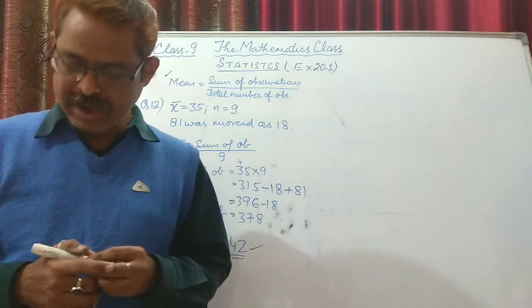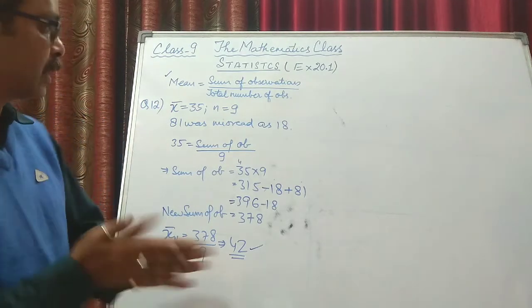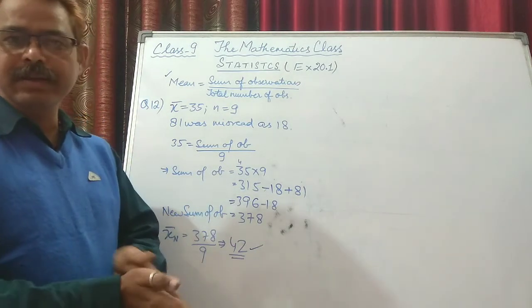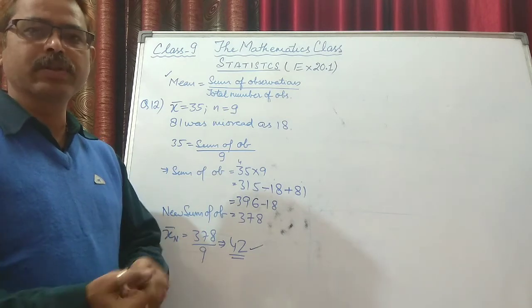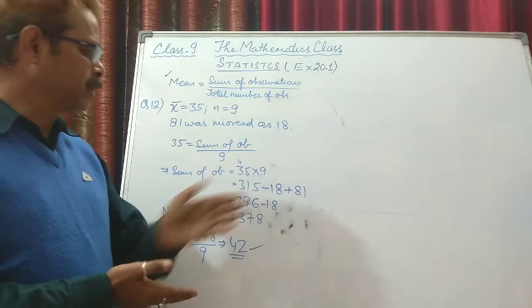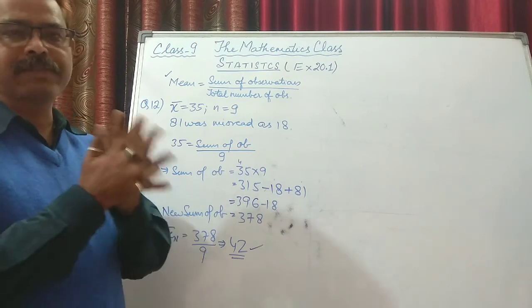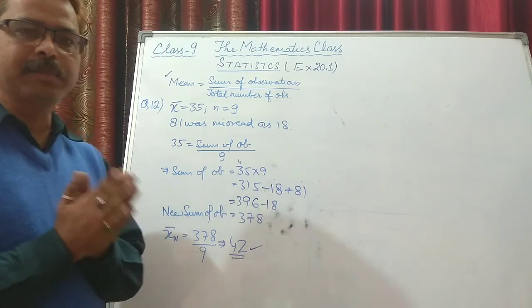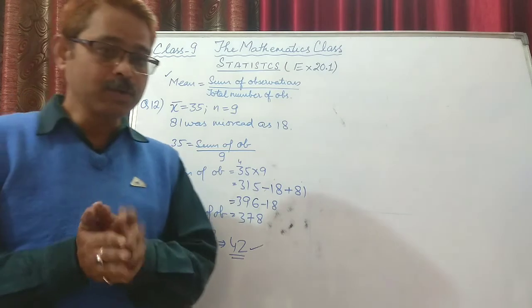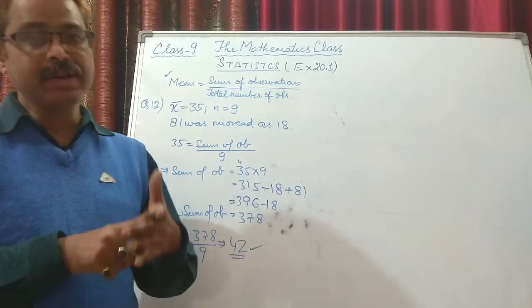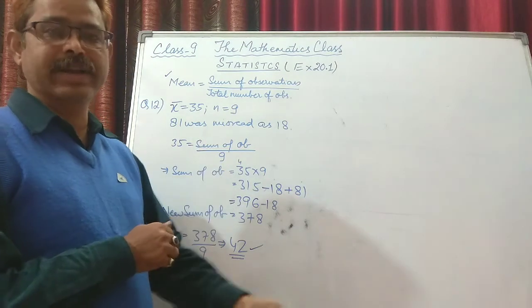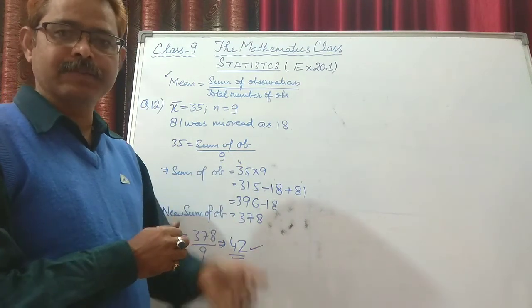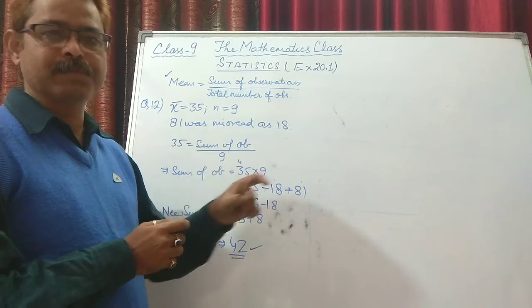So now we have discussed up to question number 10. Maybe in the next class we will be dealing with questions based on the median. There again I will be revising, but please remember what the meaning of median is. Median is the mid value of the given data. We always arrange the data in either ascending or descending order, and then we apply the formula according to the number of terms given.